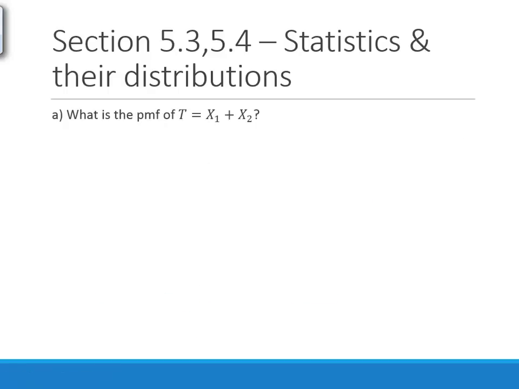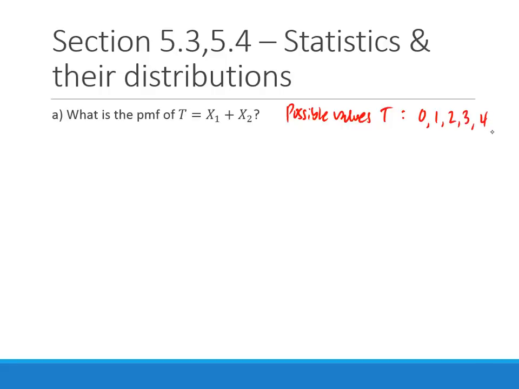And we could ask a question like, what is the probability mass function of t, which is the sum of x1 and x2? So similar to before, what are my possible values of t? 0 through 4, exactly right.